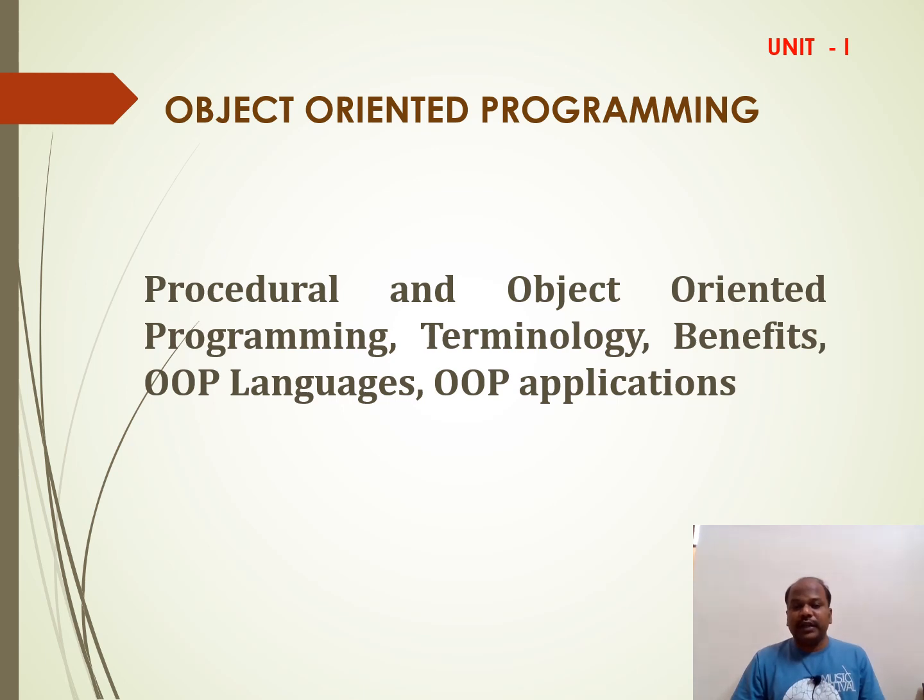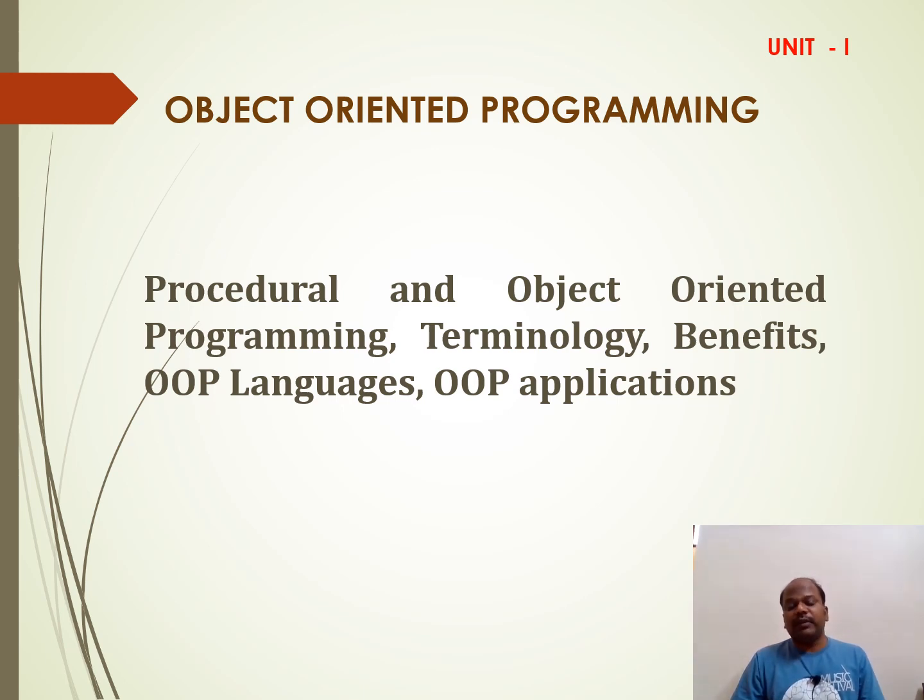C is completely dependent on the procedure. It always concentrates on the procedure followed by the programmer. But C++ concentrates on the object of the program. So C is called POP and C++ is called OOP.